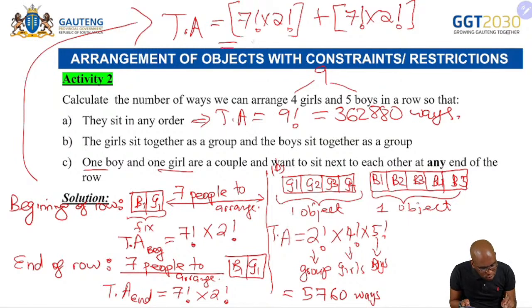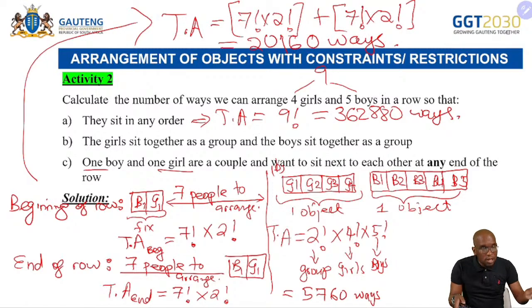This simplifies to 20160 ways. That is what we have, because we have 2 options here of them sitting at any end. They can sit at the beginning of the row or they can sit at the end of the row. So we isolated those 2 options into 2 cases. Case 1, beginning of the row. Case 2, end of the row.